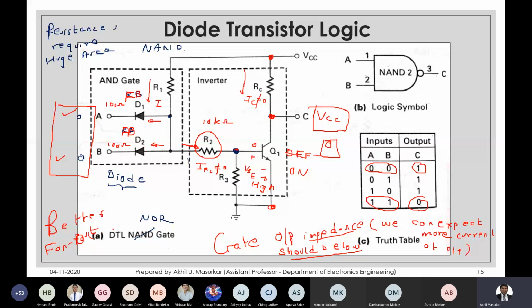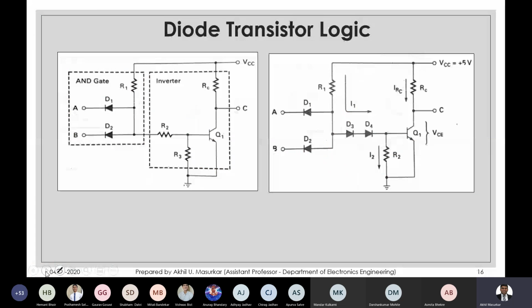So, with a view to get better fan out, now we will slightly modify this circuit. The first difficulty was resistance, and the second thing that we want is better fan out. So now I am going to the next circuit.